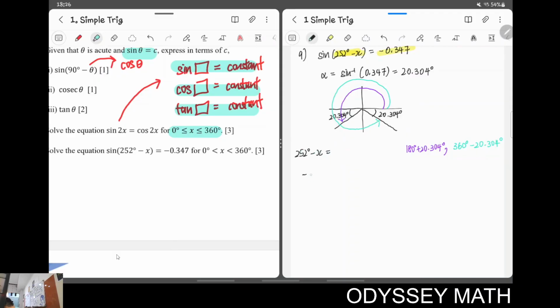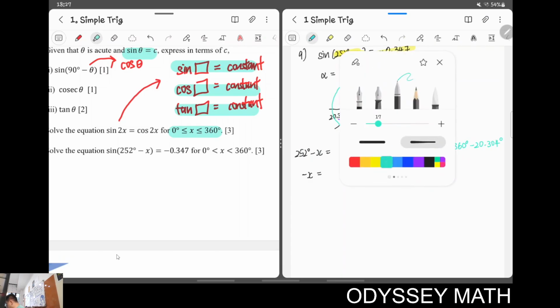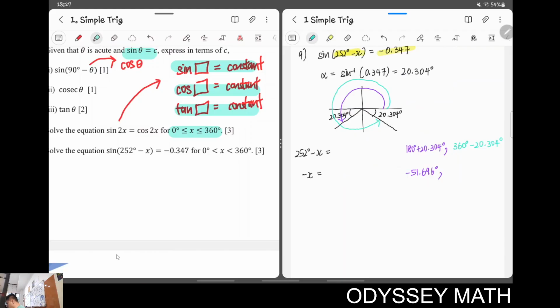So minus x, we bring the 252 over. I'm just going to evaluate it out because I don't have space to write. Basically, you bring the 252 over, you will get minus 51.696 degrees.